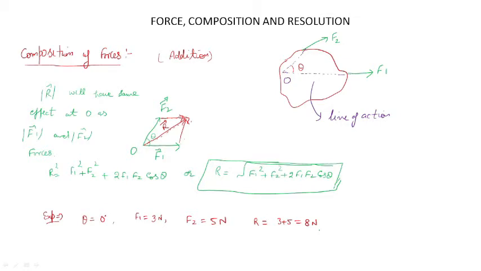It means at point O, when theta is 0, the resultant force R will have the same effect at point O as the forces F1 and F2 when these are acting in the same direction at point O on the body.